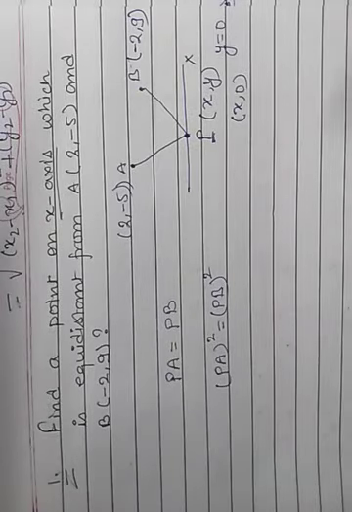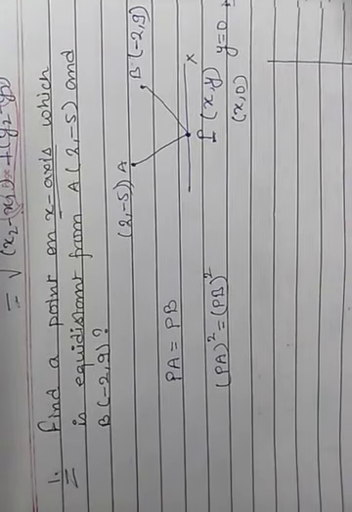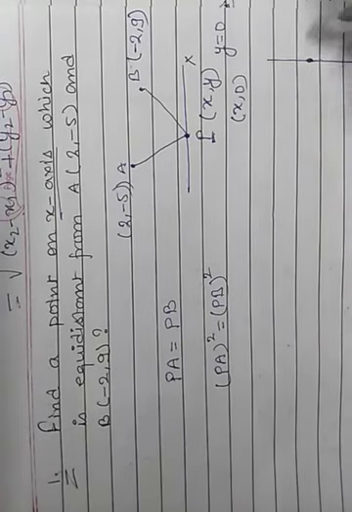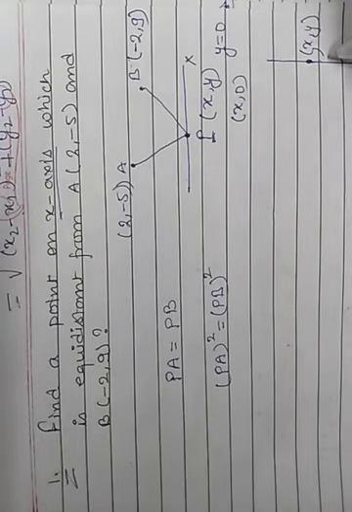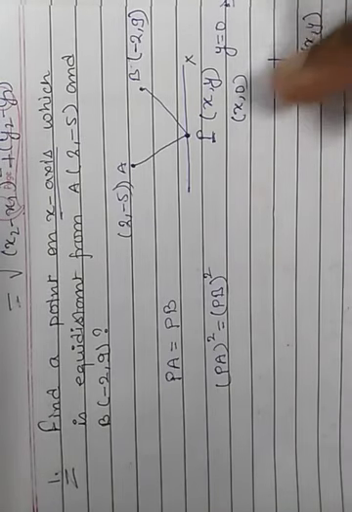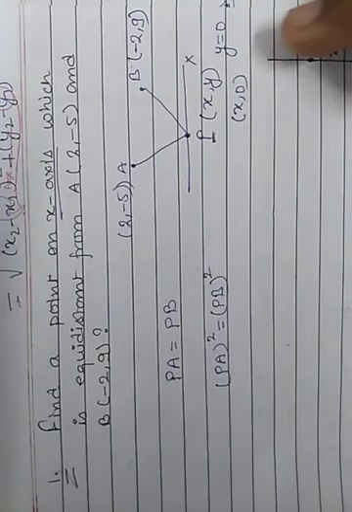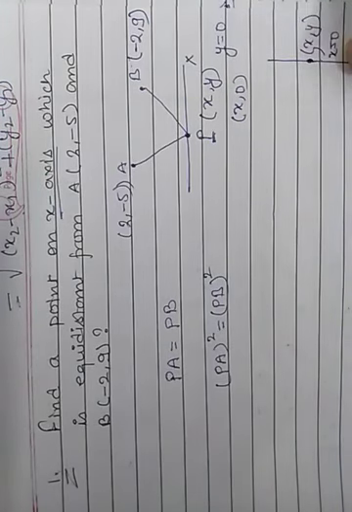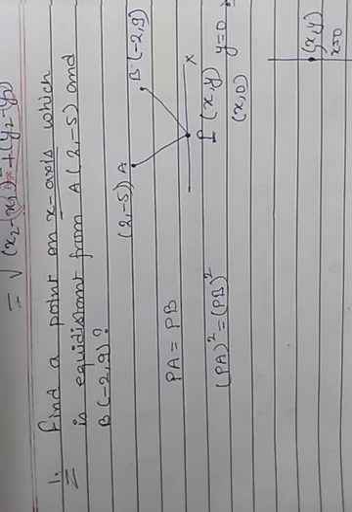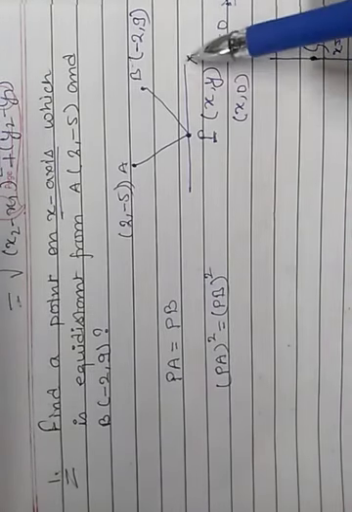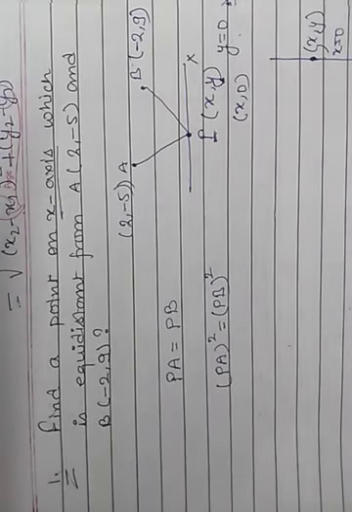If a point x, y lies on the y-axis, then its x coordinate is 0. So for a point on the x-axis, the y coordinate will be 0, and for a point on the y-axis, its x coordinate will be 0.